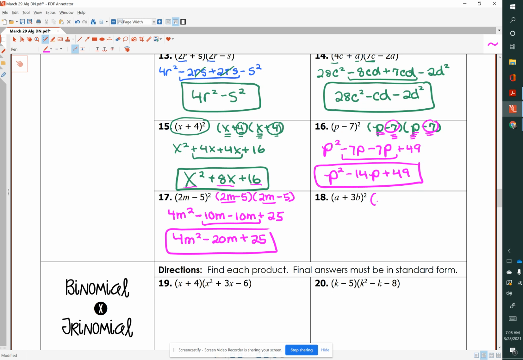Let's do number 18. a plus 3b times a plus 3b.